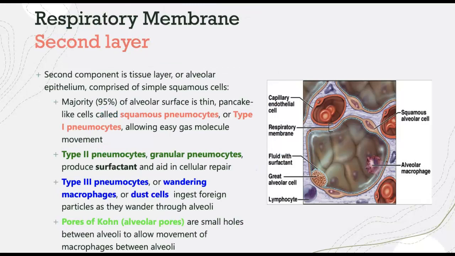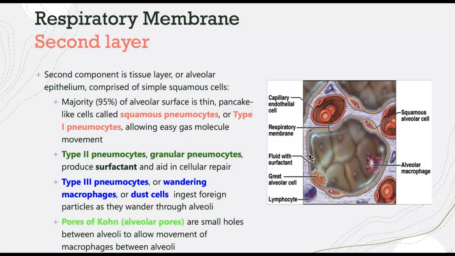Moving into our second layer, we call this the tissue layer or the cellular layer. Here we see that our alveolus is made up of simple squamous epithelium. We call these squamous pneumocytes or type 1 pneumocytes, which allow for easy gas exchange to move through because of their thin cell layer.